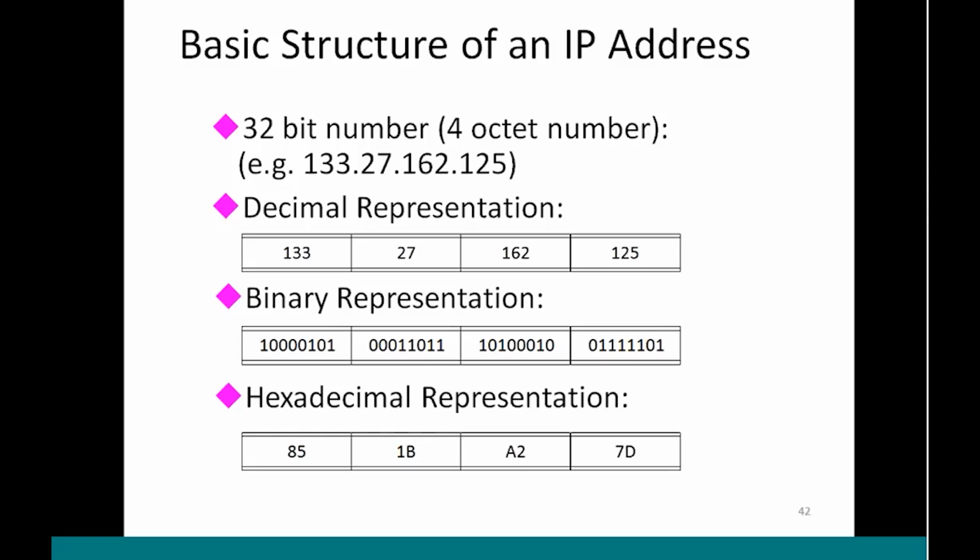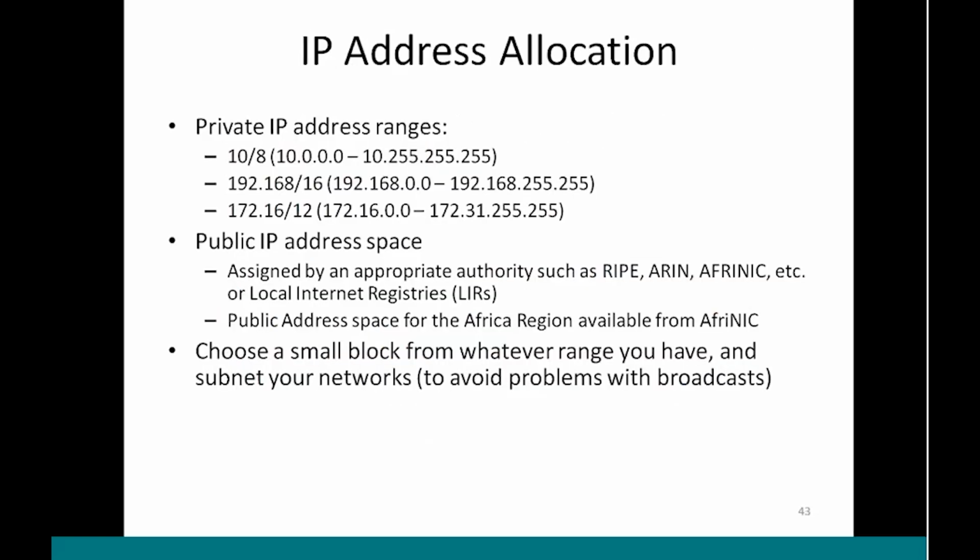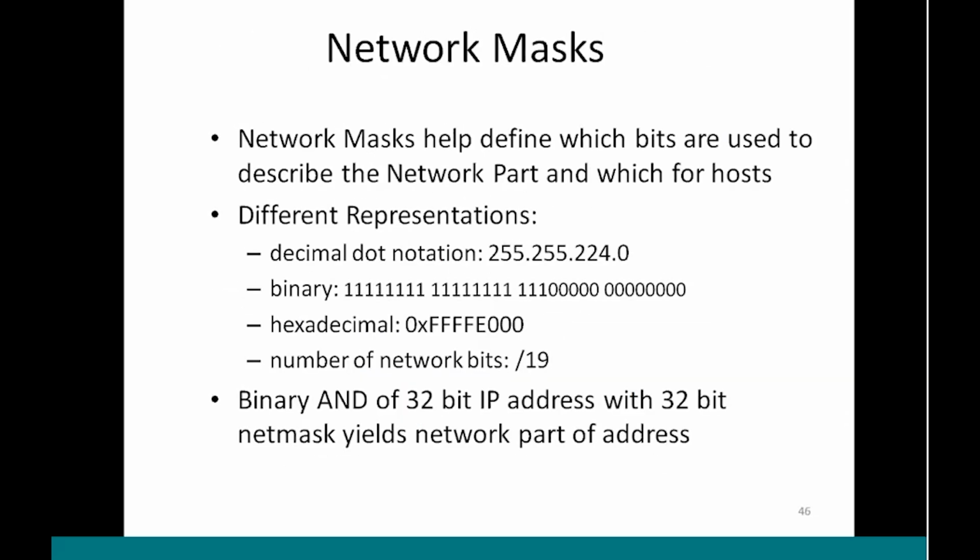They all need to add up to 32 bits, but how you partition inside the 32 bits is up to you. That is typically determined by the subnet mask, or network mask.